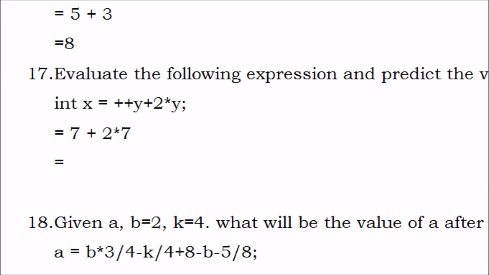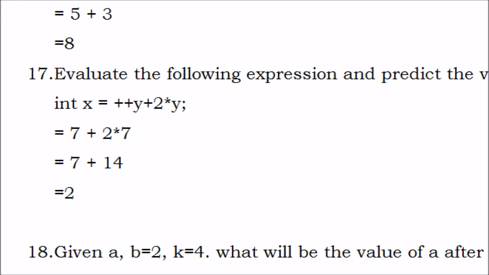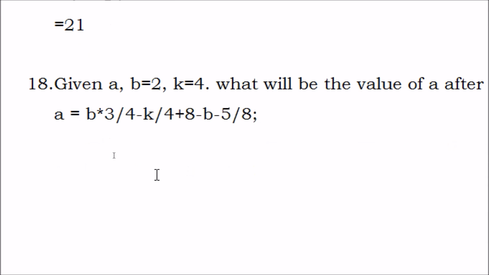Now I have to multiply first as per the priority, so it will be 7 plus 14, and the ultimate result is going to be, of course, 21. So I hope this is clear to you.